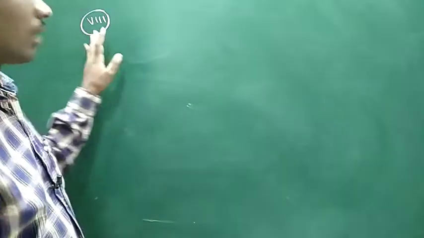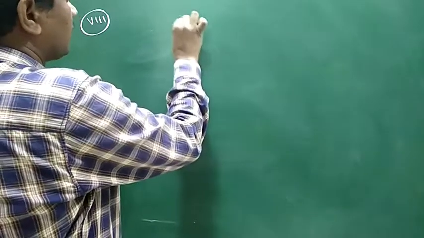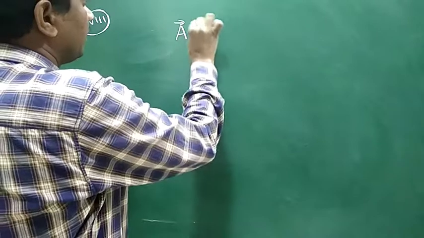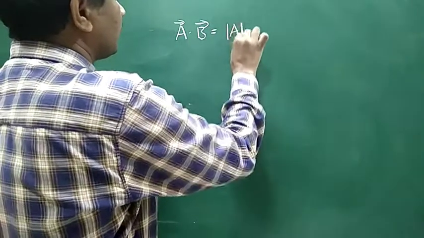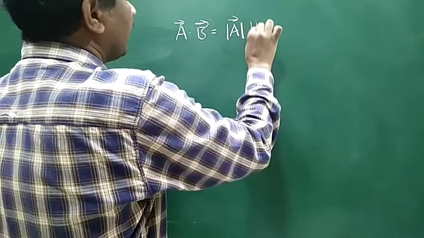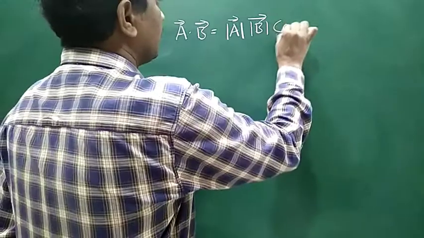The last property of the dot product of two vectors: a bar dot b bar equals the magnitude of a bar and the magnitude of b bar product with the cosine of the angle, cos theta.